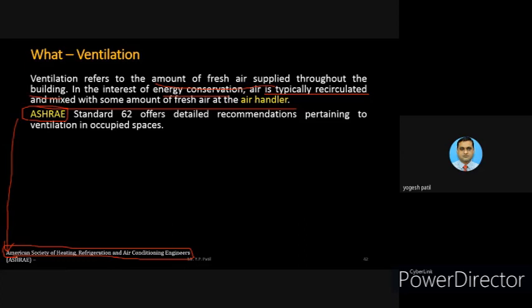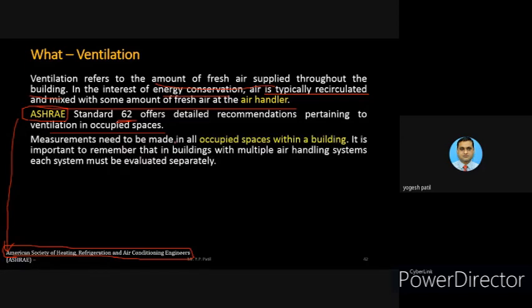ASHRAE standard 62 offers detailed recommendations pertaining to ventilation in the occupied space. So small details are mentioned by the different societies, including what ventilation requirements apply in particular sections, detailed in this book of standards.